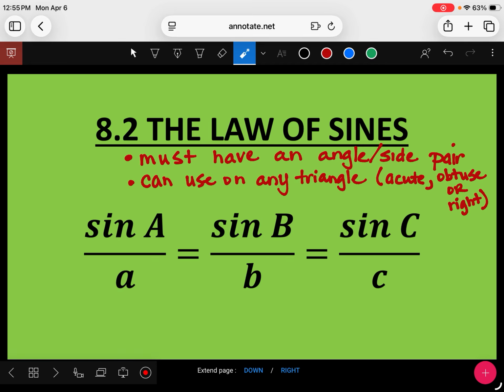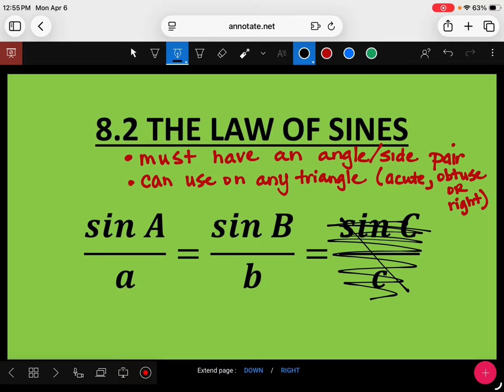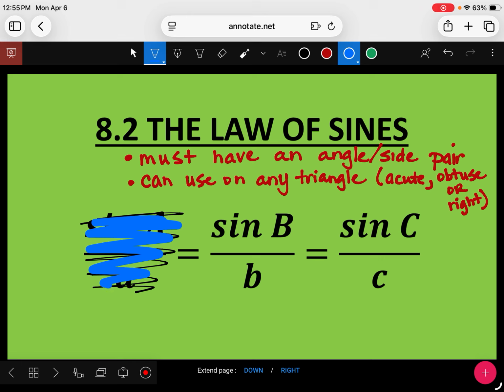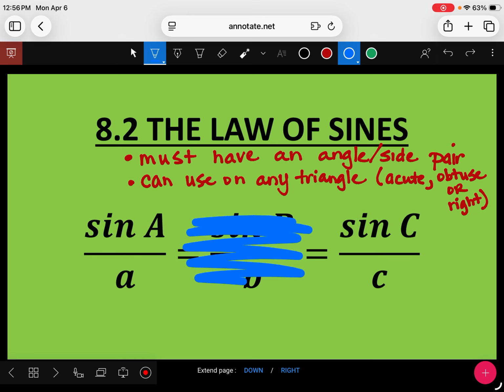So it would either be, for example, sine A over a equals sine B over b, or sine B over b equals sine C over c, or we would take out the middle. But we're not going to use all three.